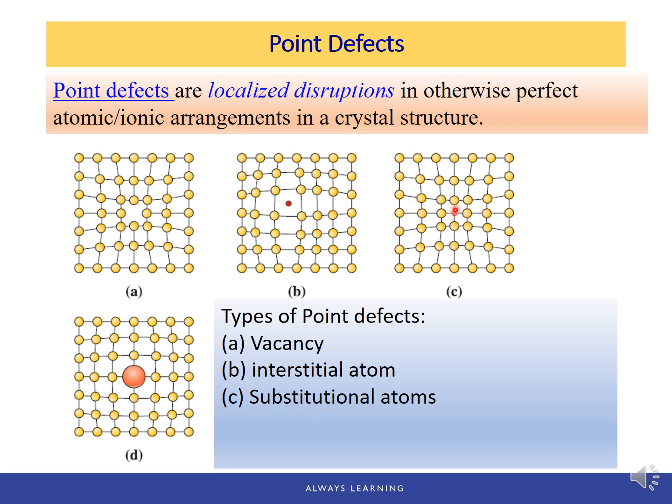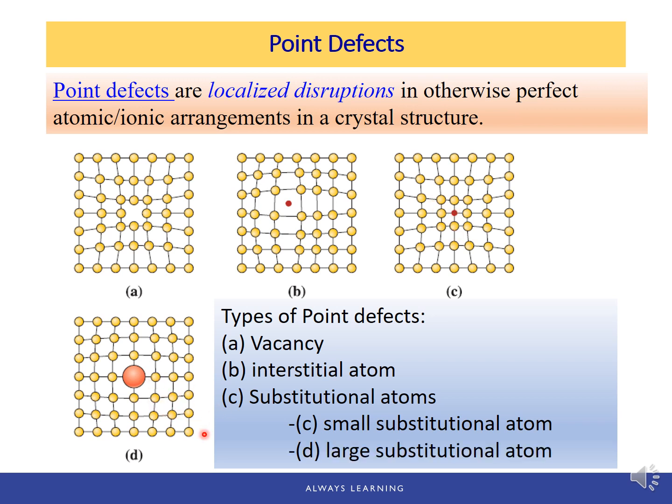For example, if we have the lattice arrangement of atom A, but at this point, atom A is replaced by a different atom, atom B. This will form a substitutional atom. The atom can be smaller than the original lattice atoms, or it can be bigger.